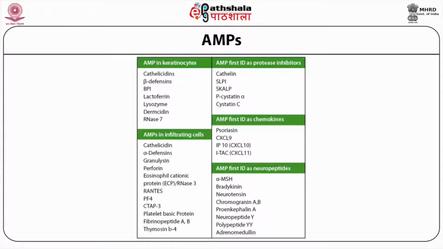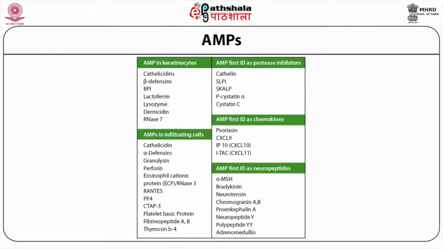If you look at this list, we find that antimicrobial peptides can function as protease inhibitors. They can function as chemokines. They can also function as neuropeptides.